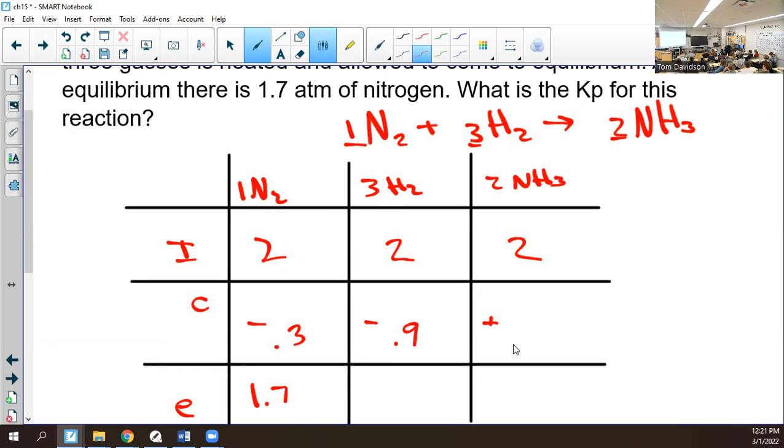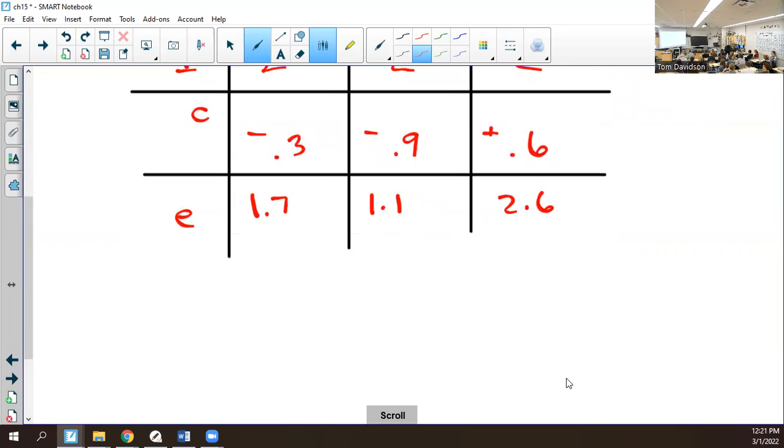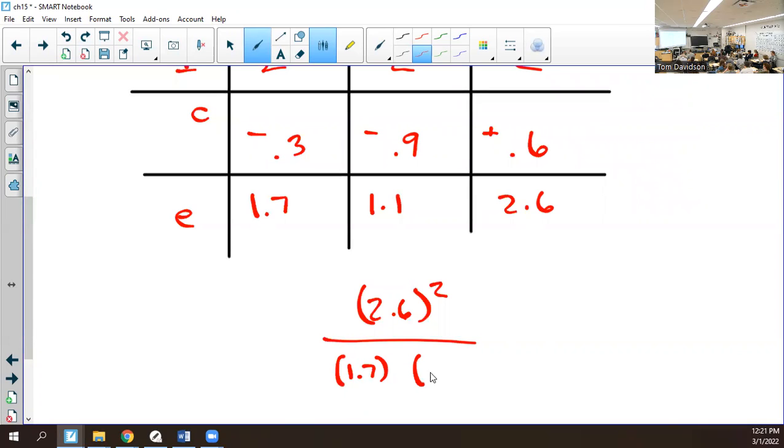And this would be 0.6. So I have 1.1 and 2.6. Fair enough. All right. Then my only product was squared. Is that right? Then my 1.7, is that the 1 or the 3? Okay. And my 1.1 was cubed. And I heard 3.0-ish. Is that what I heard? 2.9. Okay.